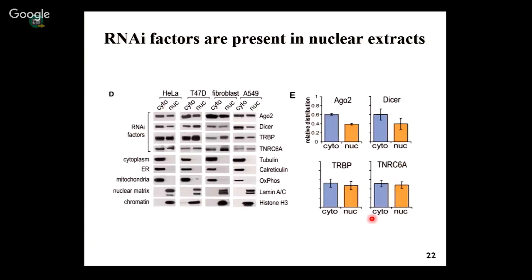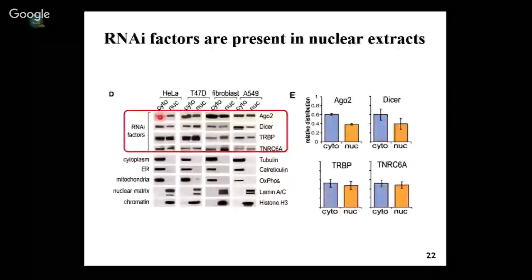Next, they moved on to check the expression of RNAi factors in different cell lines. The Western blot shows that in different cell lines, RNAi factors including AGO2, Dicer, TRBP, and TNRC6A are also present in the nuclei.